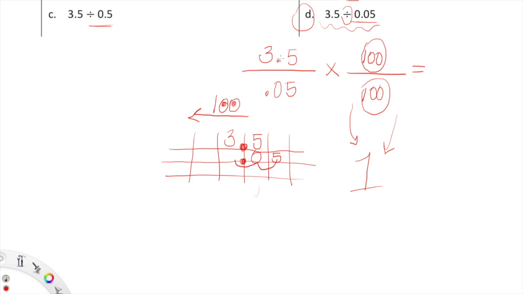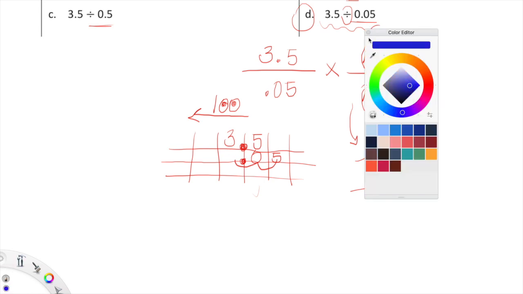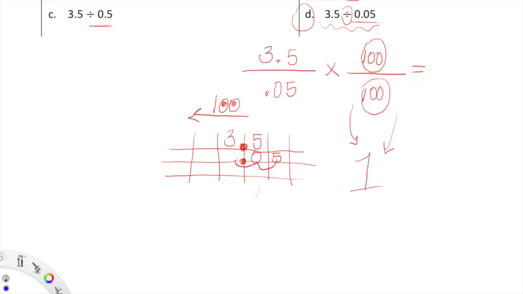The problem being, it's not really a problem, but these numbers are decimals and we want them to be whole numbers. So when I multiply 3.5 by 100, I'm going to kind of break the rules here and change my colors. You all are comfortable enough with what goes on here that I can pull this trickery on you.